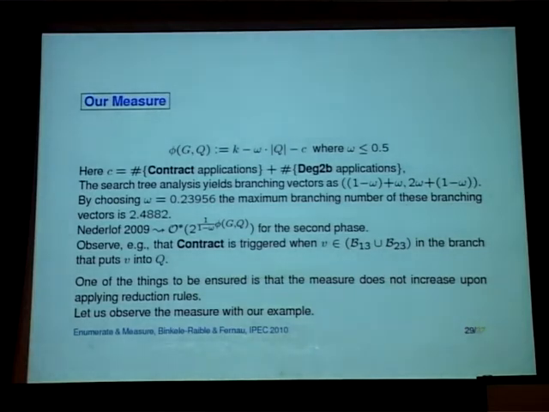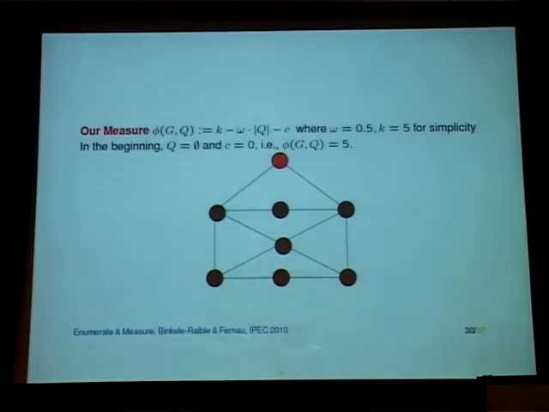Okay, so I might at least try to explain a little bit how this measure works with our little example, to make sure that the reduction rules will never increase our measure, our parameter. So this is our parameter.